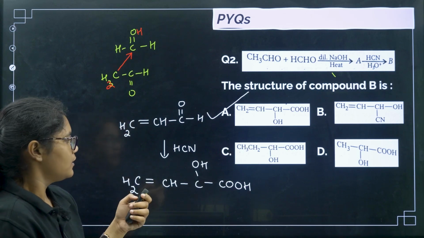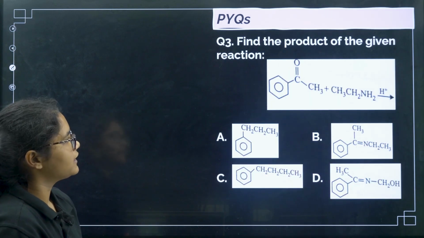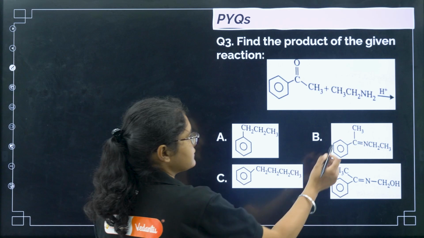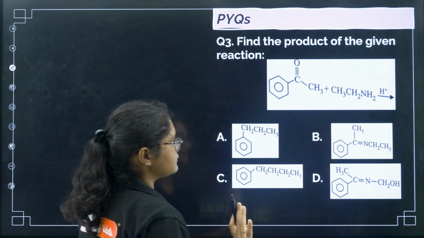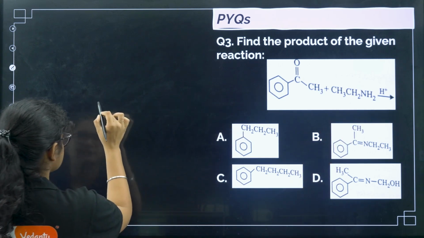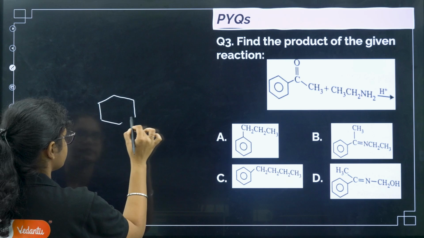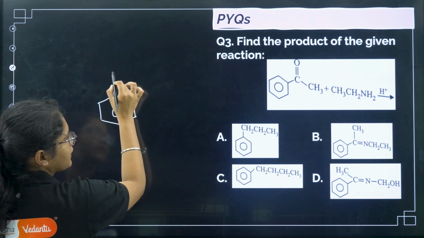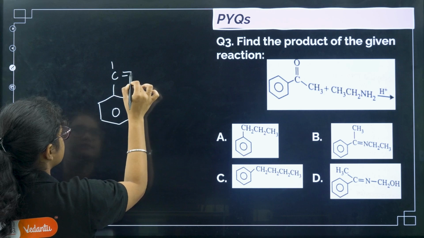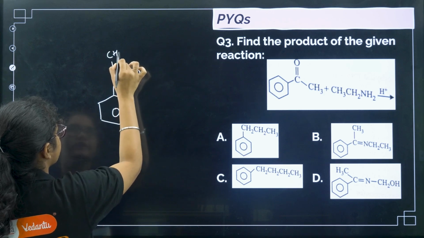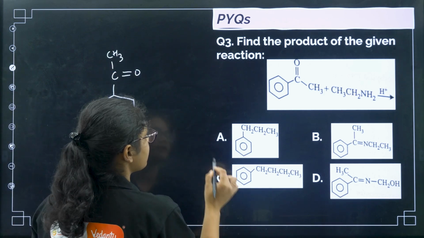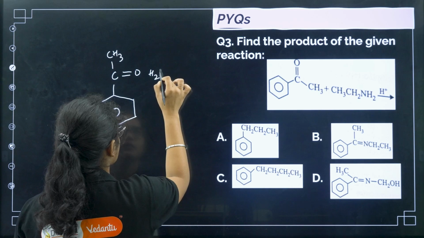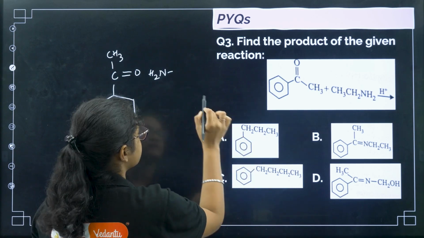Okay, fine. Coming to the next question, find the product of the given reaction. Again, this is addition of ammonia and its derivative. So this is very simple. What we have to do, just remember, you have to remove a water molecule, right? So here it is C double bond O, CH3, and then we have H2N, NH2CH2CH3.